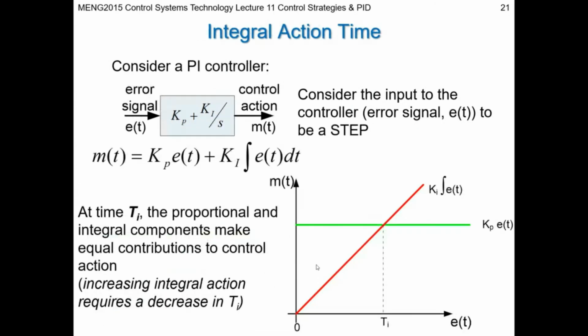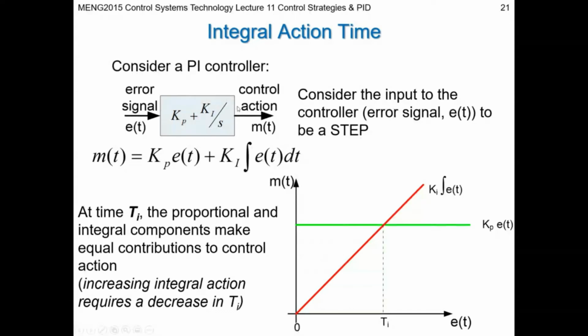And I just contrasted that to the integral action. With the integral action, we're assuming a steady error, and that steady error means that the proportional part of our control action is steady state, it's just going to be a fixed value.